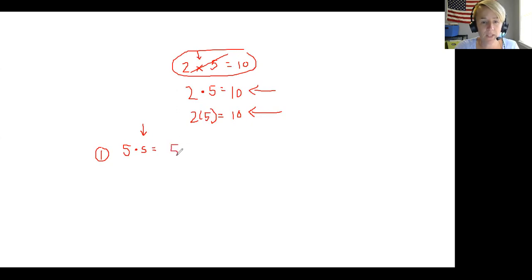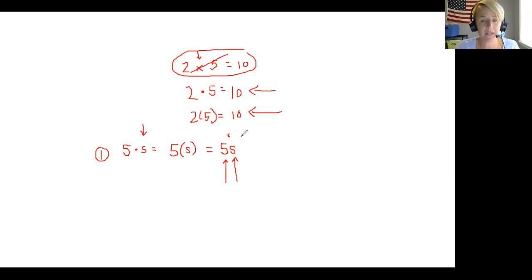So we could say 5 parentheses s, and this is a valid answer. This says the same thing, 5 multiplied by the value known as s. Or we can just completely drop the parentheses altogether and just say 5s. Anytime that you see a numeric coefficient, which we'll describe here in a few minutes, which is just a number, in front of a variable, which is an unknown, usually represented by a letter, then it means a multiplication.